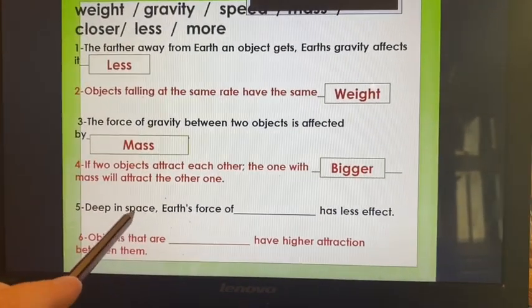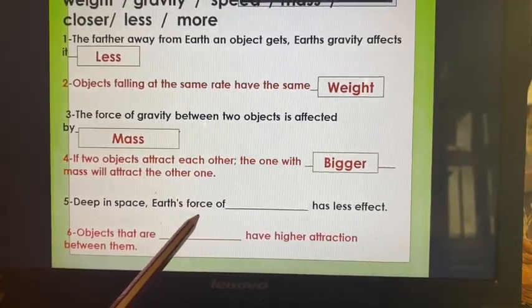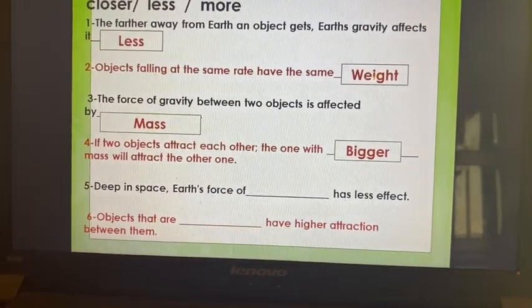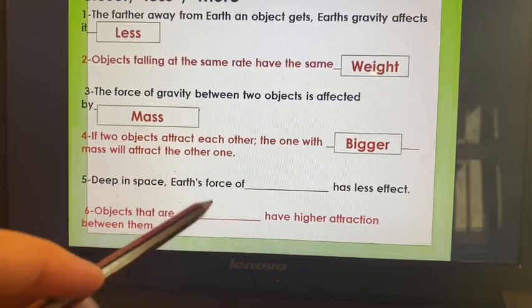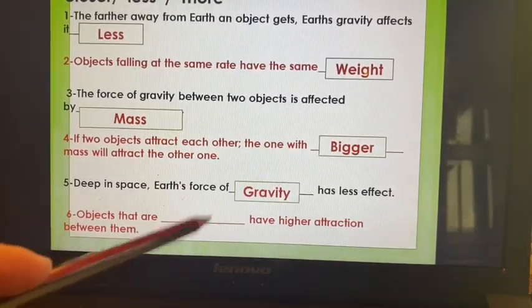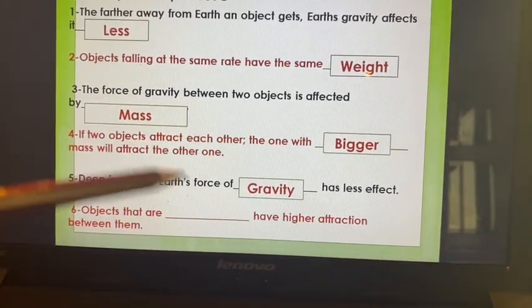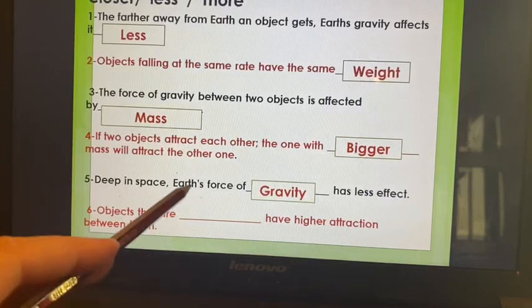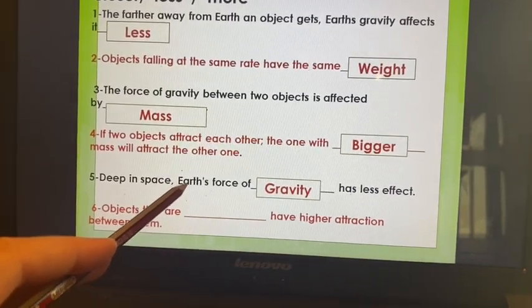Deep in space, when you go out in space, Earth's force of what has less effect? Away from the earth, what will be less? The gravity of earth. Whenever you go far away from earth in space, the gravity of earth will no longer affect you.